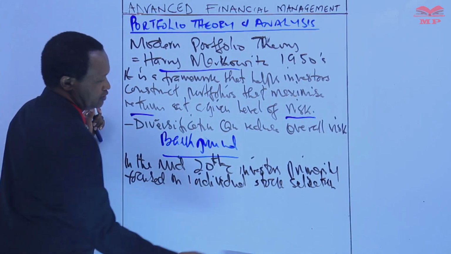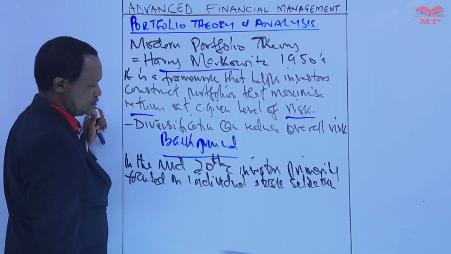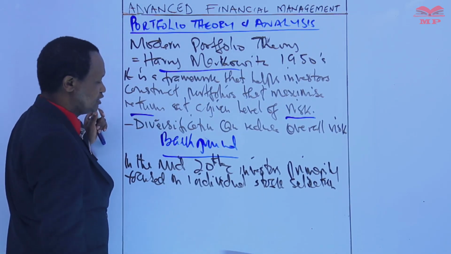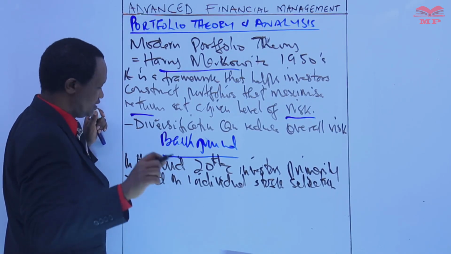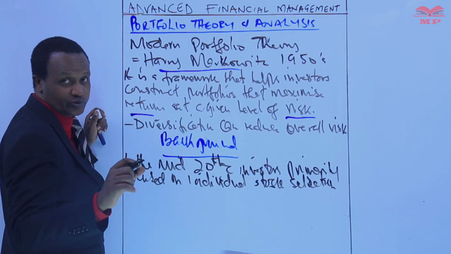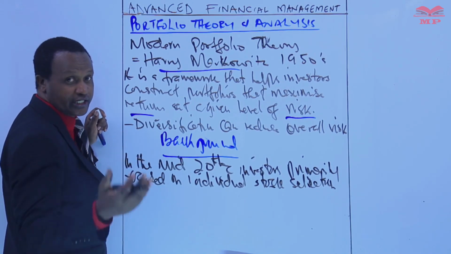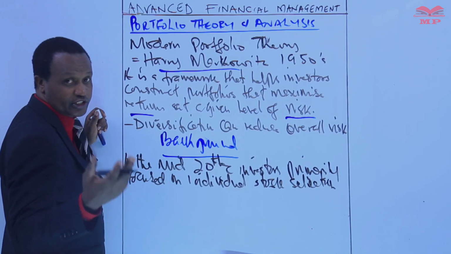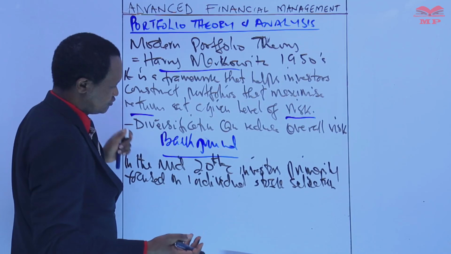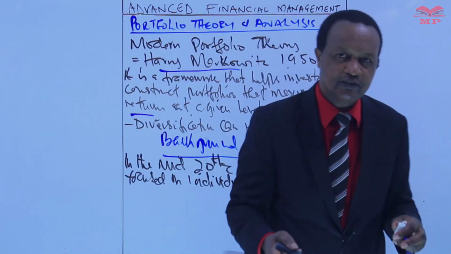When I say stock, candidates, I hope you understand what I'm talking about. You are not younglings, you understand stock. So in the mid 20th century, investors primarily focused on individual stock selection. But Markowitz challenged such conventional wisdom.